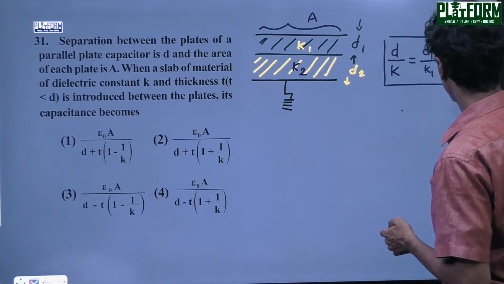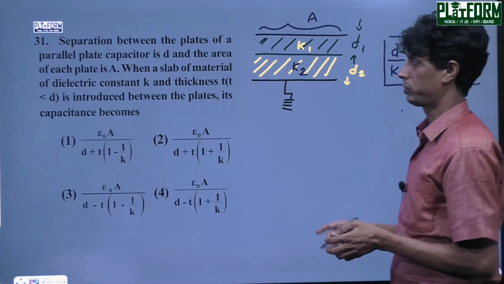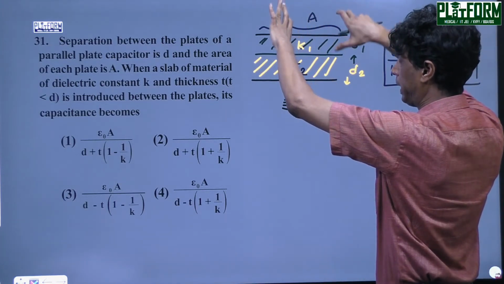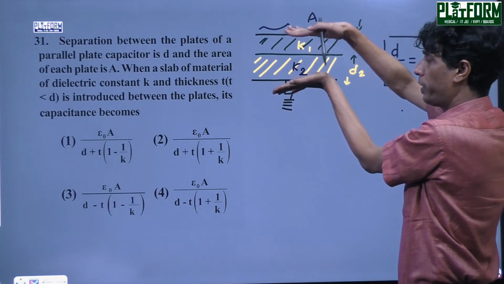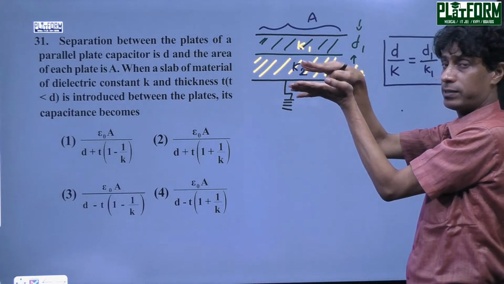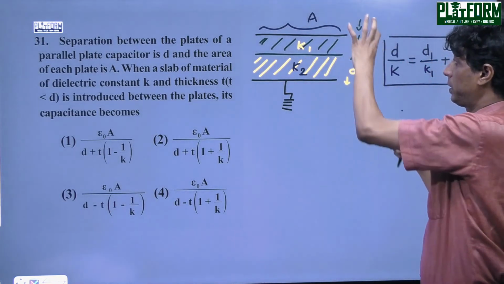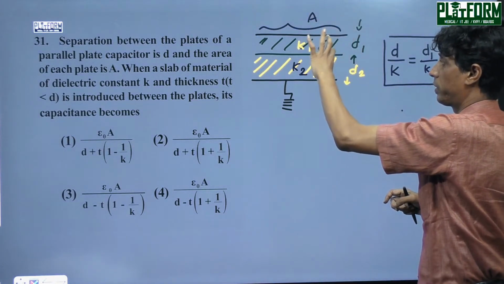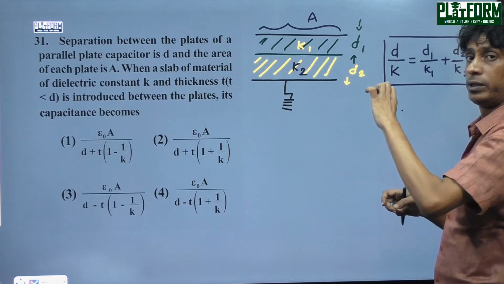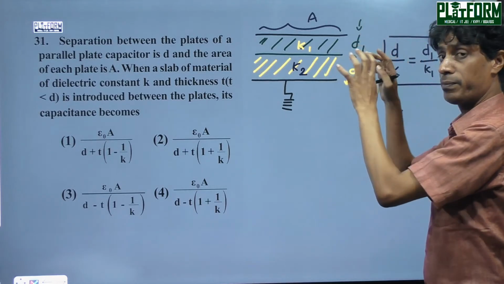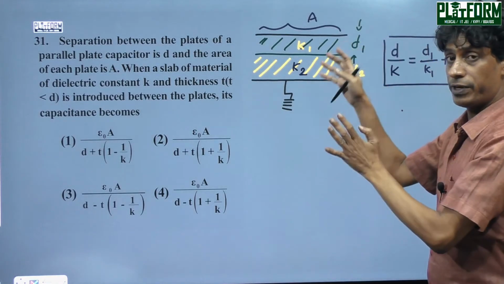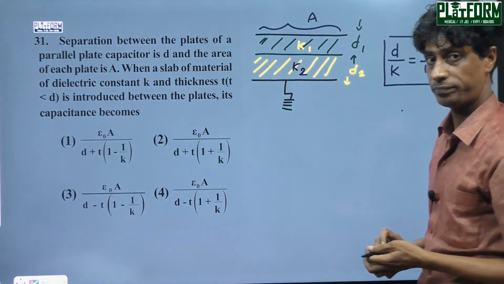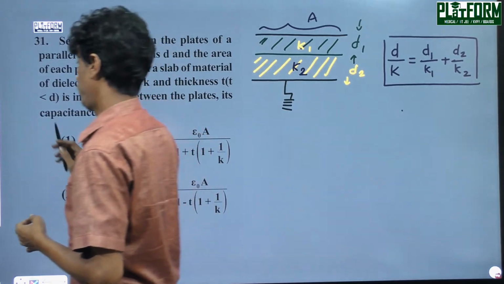You should keep in mind that the plate area is common for the dielectrics, but the separation is D1 for dielectric K1 and D2 for dielectric K2. When the plate area is the same and the separation is different for different dielectric media, then you have to use this formula.